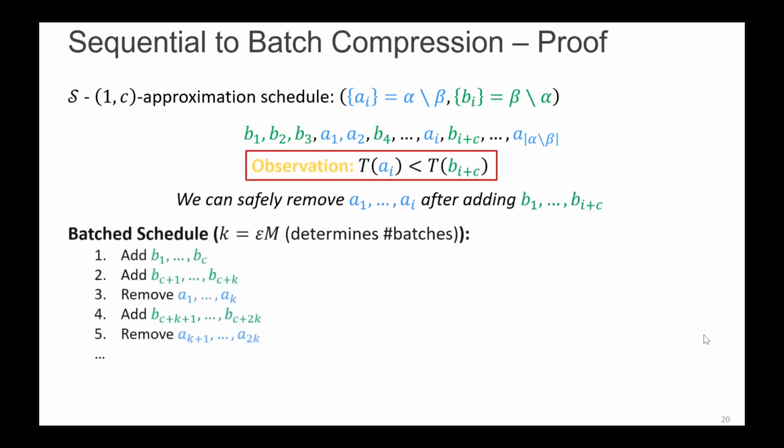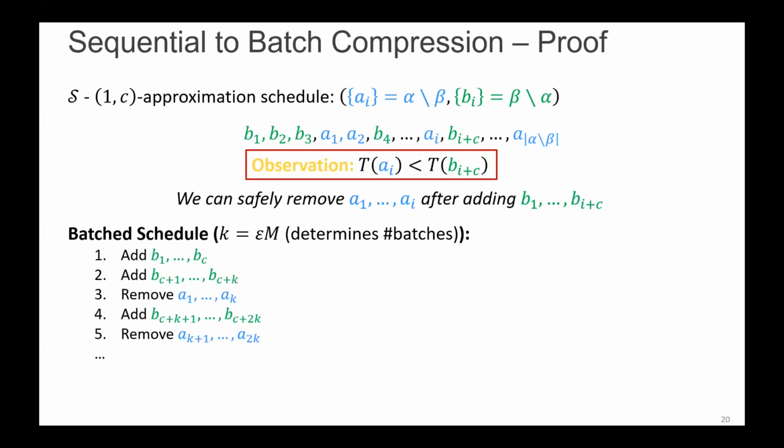With this observation, we can now compress the schedule simply as follows. We set the parameter k, which determines how many batches we will get in the end. Then we give the vertices in beta that we want to add a head start of c vertices.